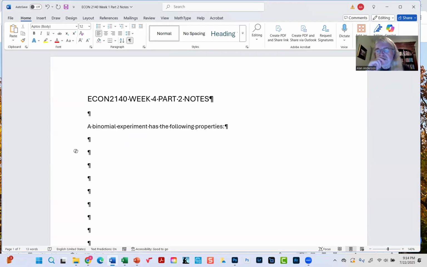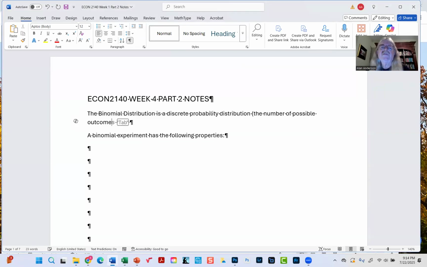Oh, before I continue any further, I just want to mention that the binomial distribution is a discrete probability distribution, which means that whenever we repeat this experiment, there's only a finite number of possible outcomes. So the number of possible outcomes is finite.